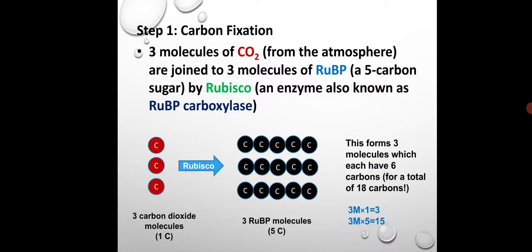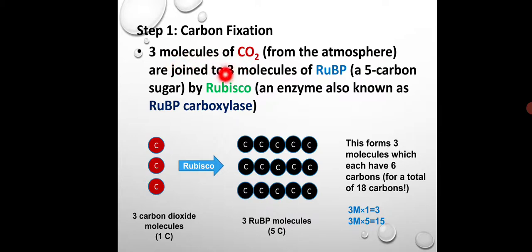First step is carboxylation, which is also called carbon fixation, just to fix the atmospheric carbon. So how is this first step done? For that we require 3 molecules of carbon dioxide present in the atmosphere.